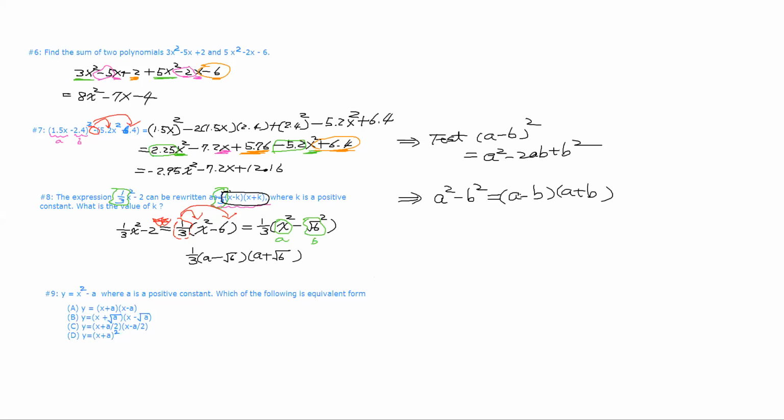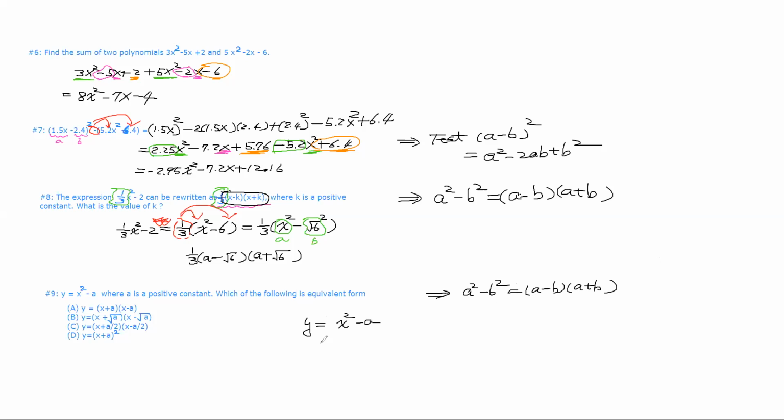Okay, so the last one is pretty easy. They also try to test you on these formulas, right? This one, the same way, they want to test you on the a squared minus b squared formula. So you need to remember this formula because it happens so many times on the test. This is y equal to x squared minus a here.